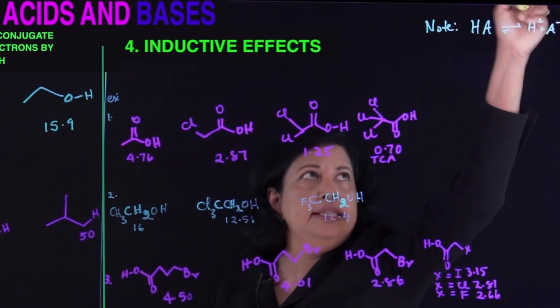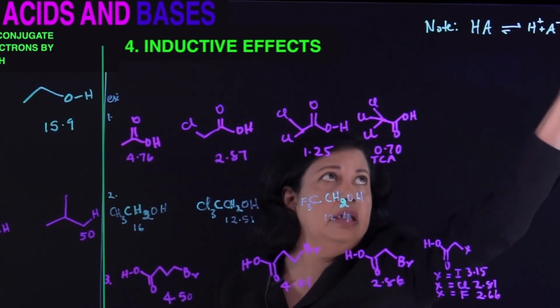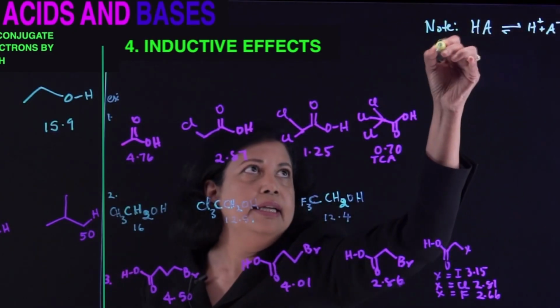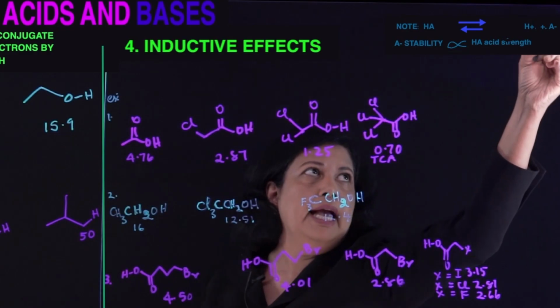If A minus is stable, equilibrium will shift right, and as a consequence, you will get more and more H plus. So A minus stability is proportional to the acidity.